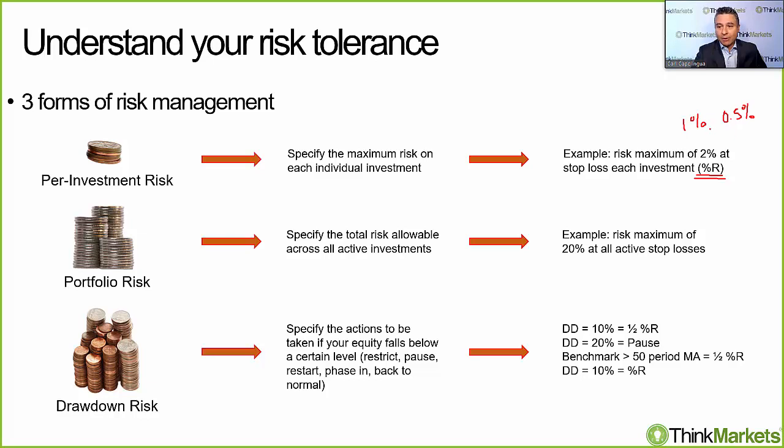That is for a lower risk tolerance. With a higher risk tolerance, you wouldn't go any higher than, say, 5% on any trade. Once you start to get over 5%, you really are taking a greater risk of a significant drawdown in your portfolio.